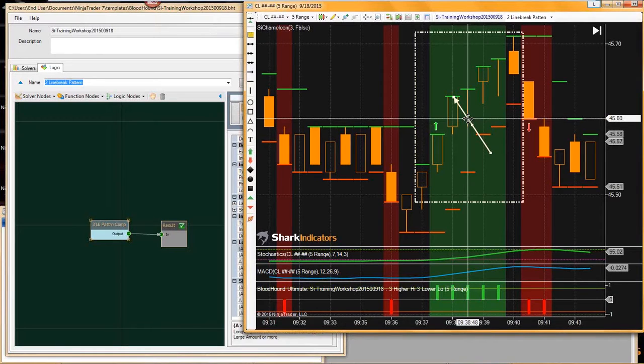BloodHound doesn't calculate percentage. Percentage is a mathematical calculation, and BloodHound doesn't do mathematical calculations. I'm trying to think if there's something out there that does that. I don't know any indicator off the top of my head that would calculate a percentage move like that.